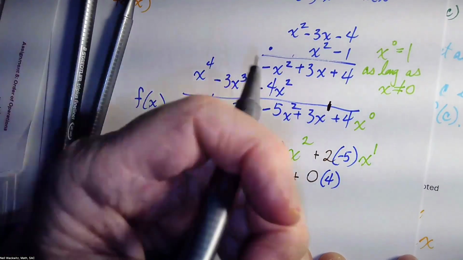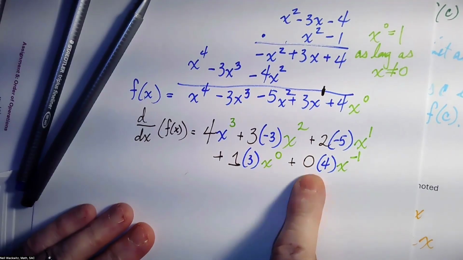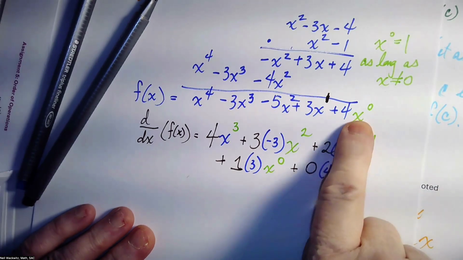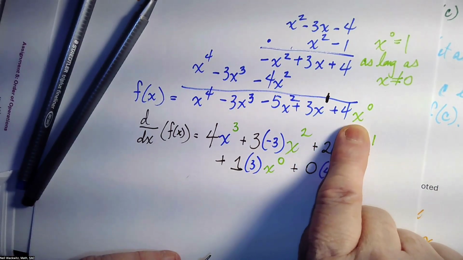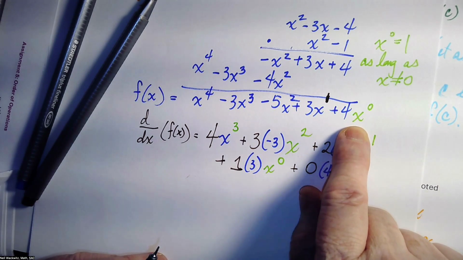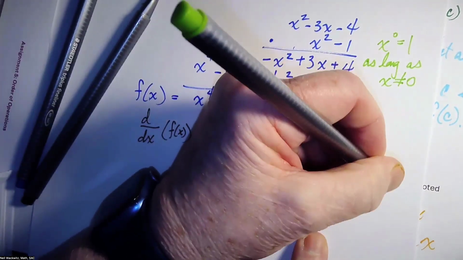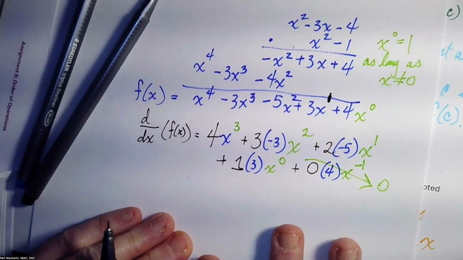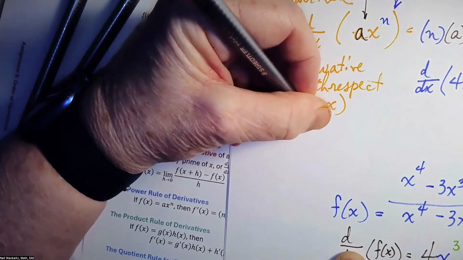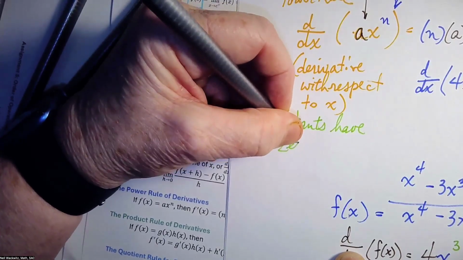And then we have x to the negative 1. But what happens here? 0 times anything is always 0. So any term that has x to the 0 as its variable part will have a 0 derivative, which means that constants have a 0 derivative.